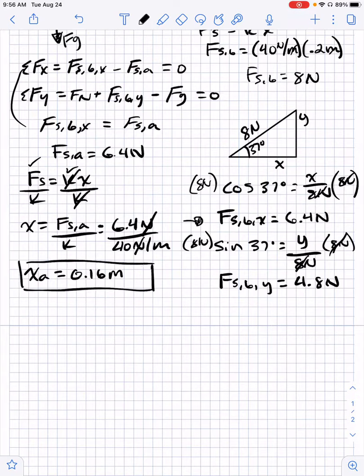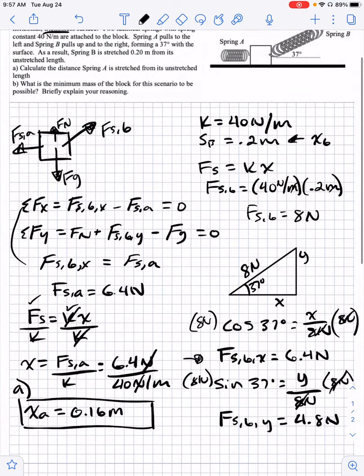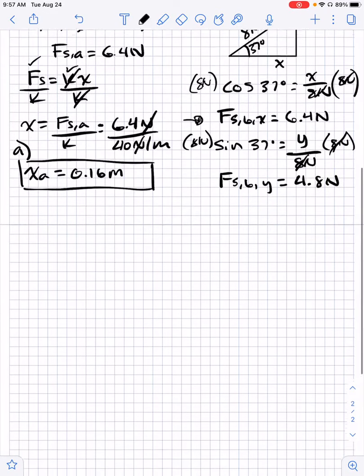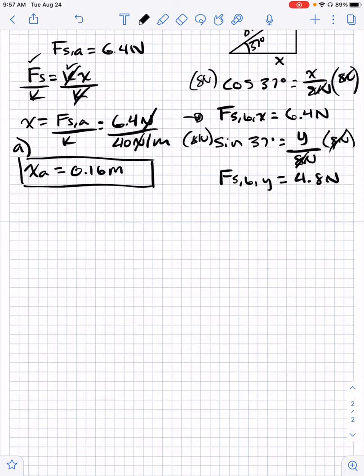So there is part A, the stretch of spring A. And looking back at the problem, for part B, it's asking me what is a minimum mass of the block for this scenario to be possible. So let's look at our net force equation that's in the y direction that we had made.